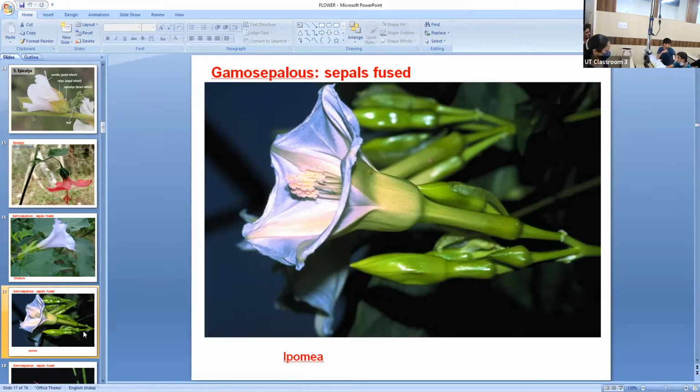That means in such type of flowers, when I talk about complete and incomplete, what is the meaning of incomplete flower? In an incomplete flower, one hole is absent. For an incomplete flower, let me give you an example, something like the papaya. In case of the papaya, what's happening?